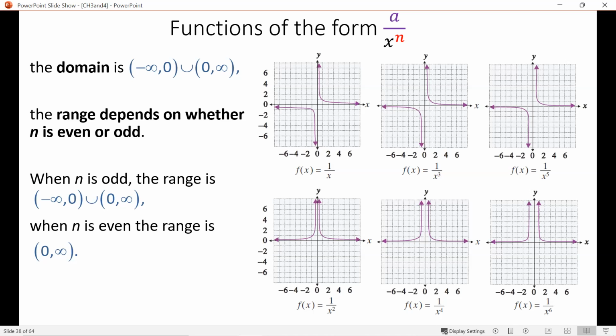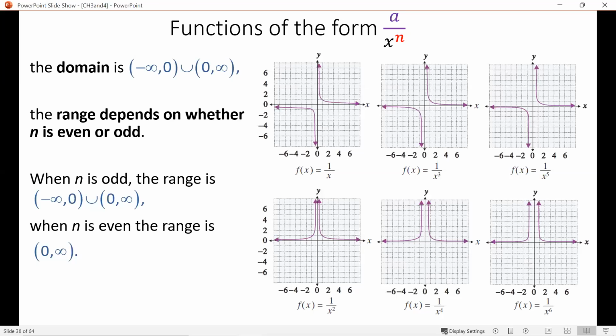But the range depends on whether or not our exponent is even or odd. If our exponent is odd, just like before, then we can spit out negative numbers for negative inputs, right? But if our exponent is even, then it makes everything become positive, right?